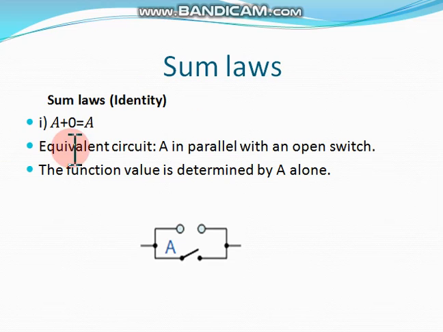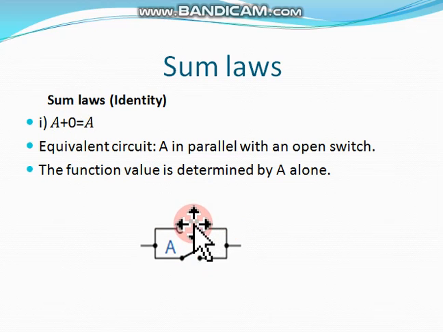So starting with the first law, which is the identity law, any variable that is ORed with a 0 is equal to that variable. So this is the circuit. Like I said, this variable here is just representing whatever value you give to A. This is switch A. This switch here, we already have a 0 there, meaning this switch is open regardless.